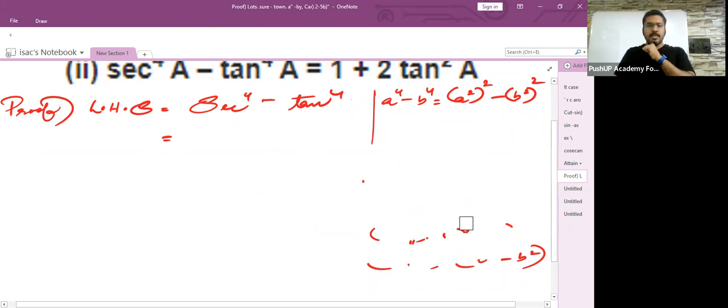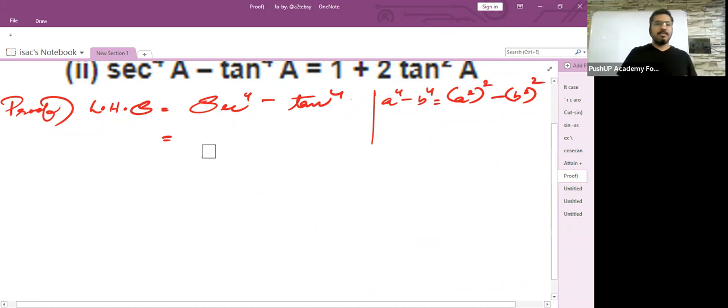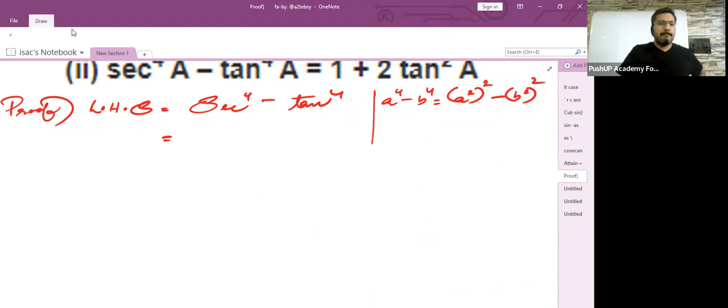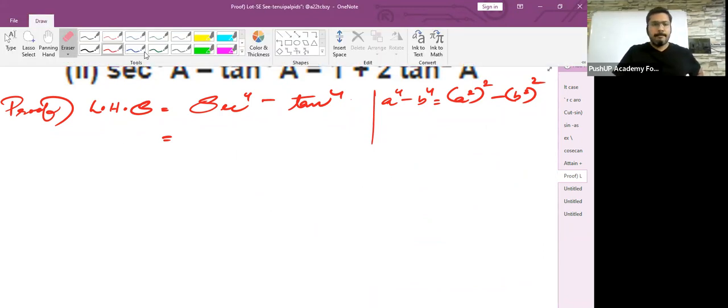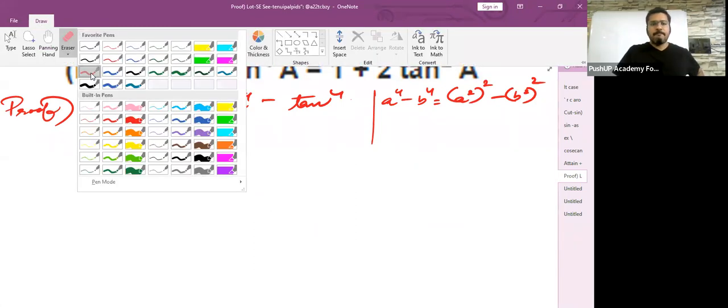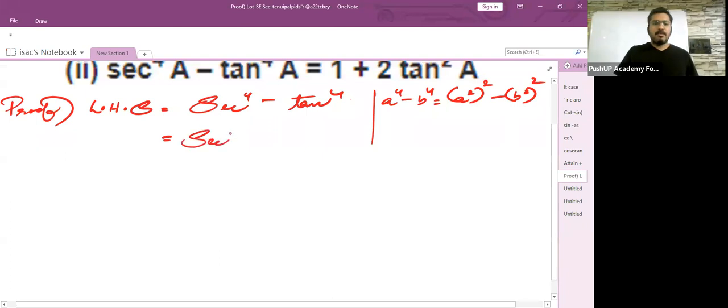Let's start. So sec raised to 4 minus tan raised to 4 could be written as sec square the whole square minus tan square the whole square.